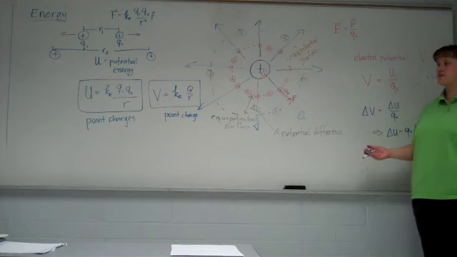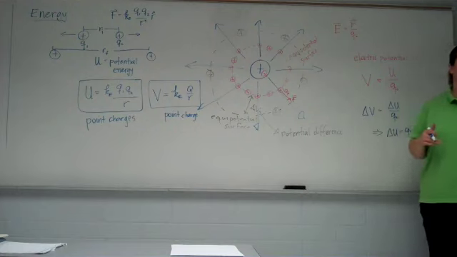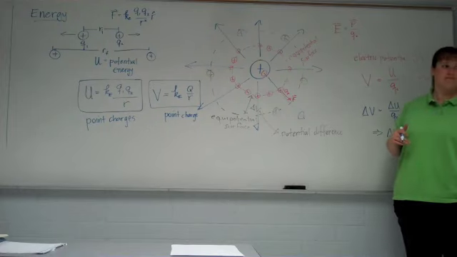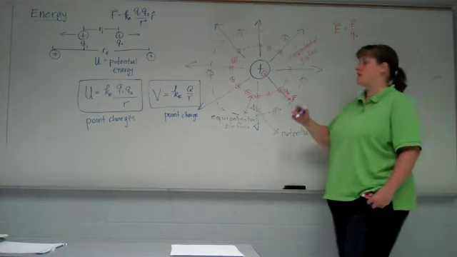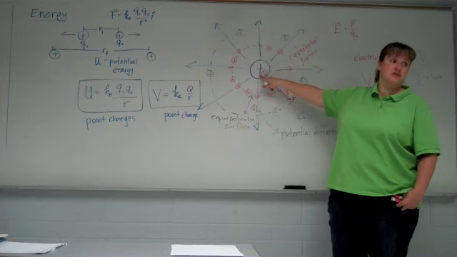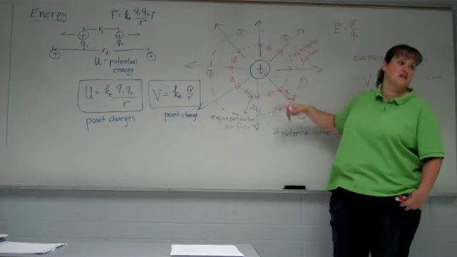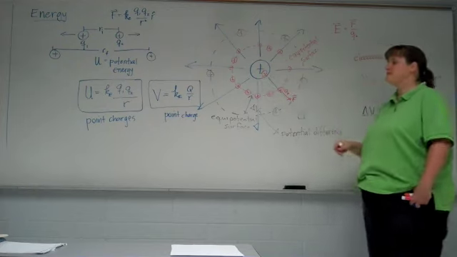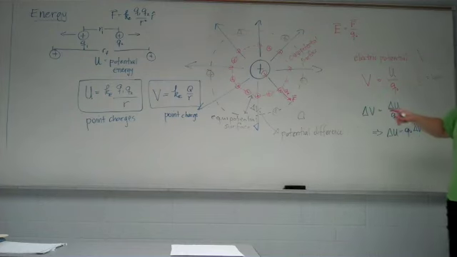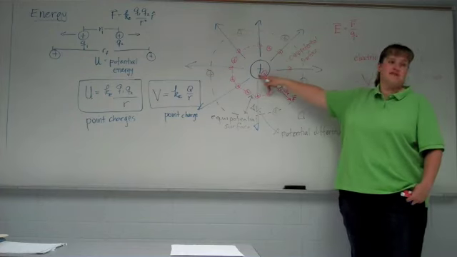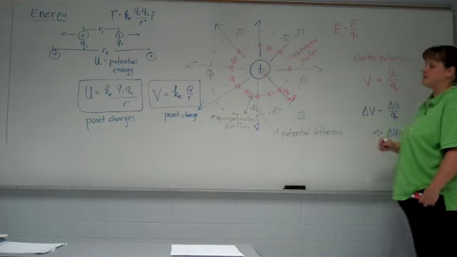All you need to know is how much charge it has and how far away from the charge you're interested in. It depends upon the strength of the center charge, but not the test charges that are going to have the energy. So by big Q, I'm trying to represent the central one, the one creating the potential.